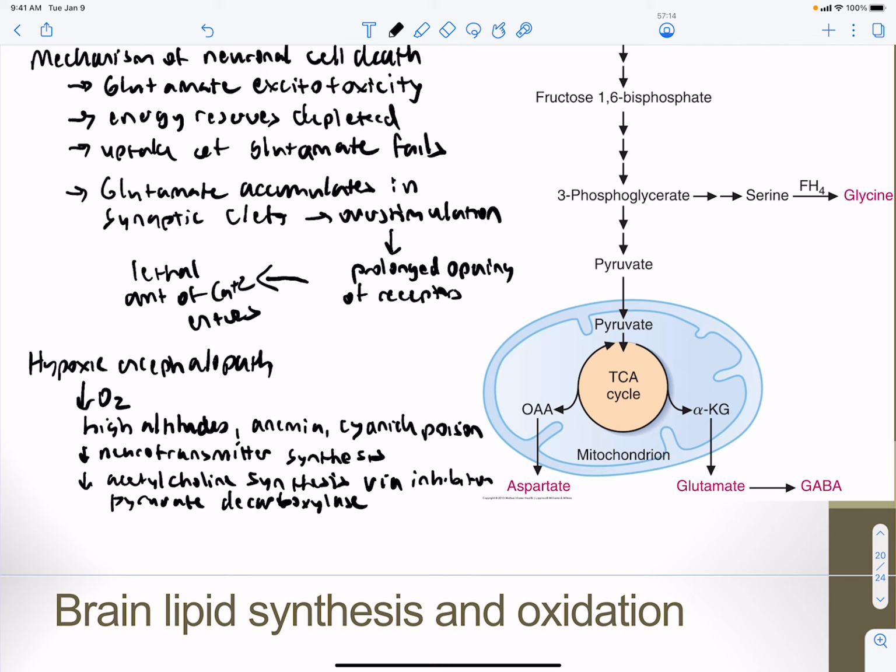You're going to have diminished GABA and glutamate due to elevated NADH levels, which is going to inhibit TCA cycle enzymes.